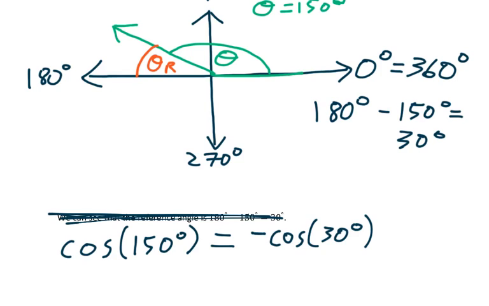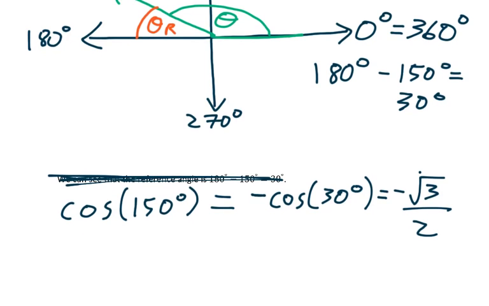And cosine of 30 degrees is the square root of 3 over 2. Excuse me, I think it's a half actually. Sorry, I was right, cosine of 30 degrees is radical 3 over 2. So we're actually going to get here negative radical 3 over 2.